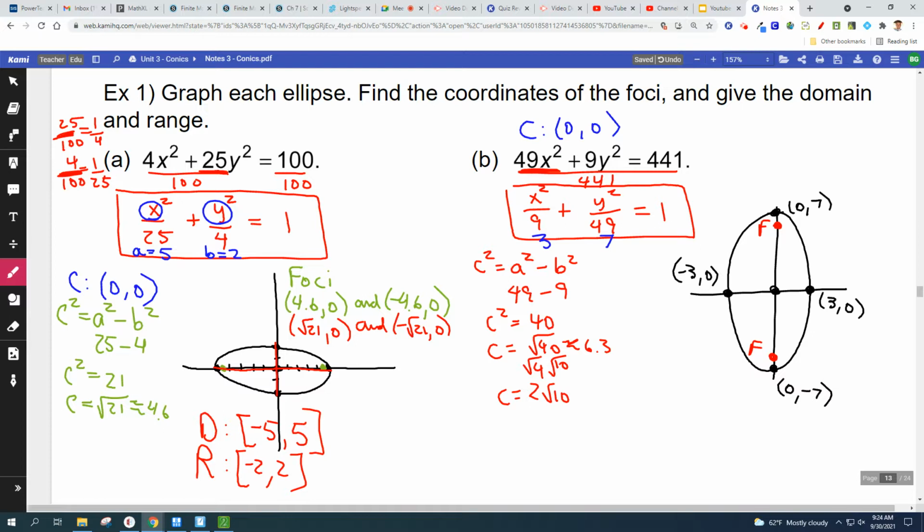What are the coordinates? Well, this one, the x coordinate is 0, and the y coordinate is, you could say square root of 40, you could say about 6.3. It'd probably be best if you said that's 2 radical 10. And then there's this one, which is 0 and minus 2 radical 10.